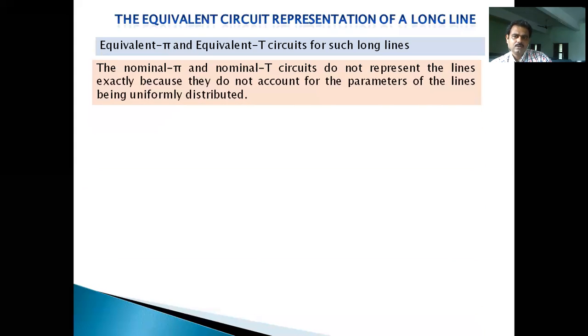But the nominal T and nominal pi circuits do not represent the line exactly. They do not account for the parameters of the line being uniformly distributed.